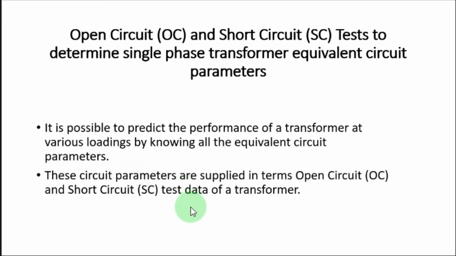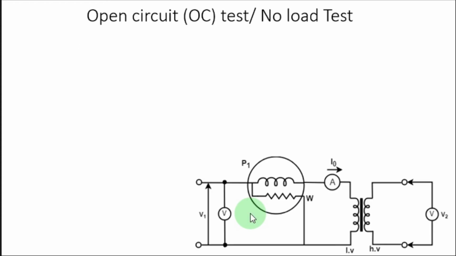So these circuit parameters are supplied in terms of open circuit and short circuit test data of a transformer. So let's first look at the open circuit test, or rather it is called the no load test. Open circuit means no load is connected to the secondary side. It is open, right?